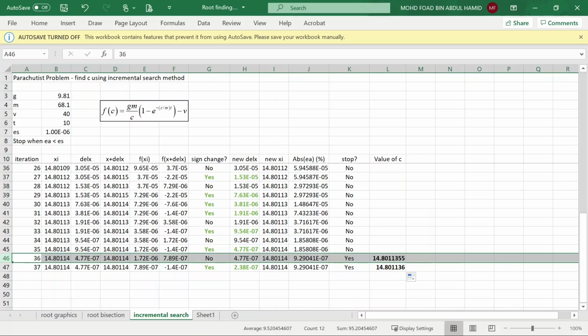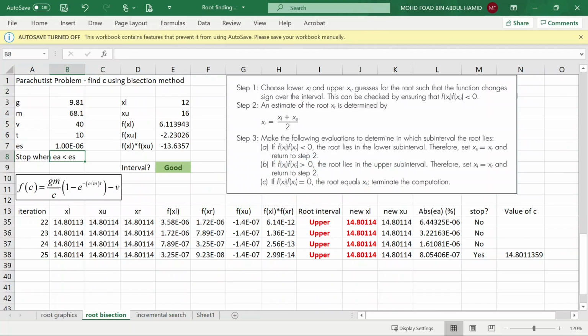Or if we go up to 6 decimal places, which is 135, if we round this, it becomes 136, and this one is the same thing, 14.80113.